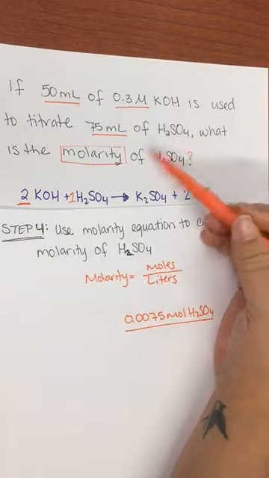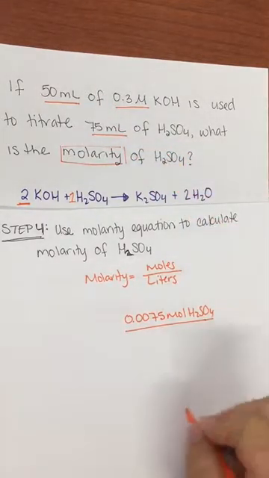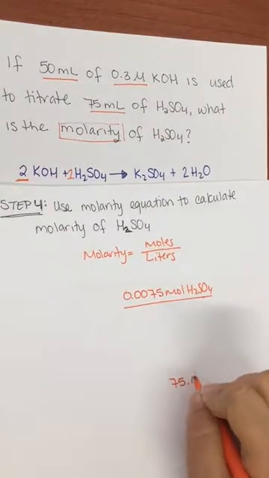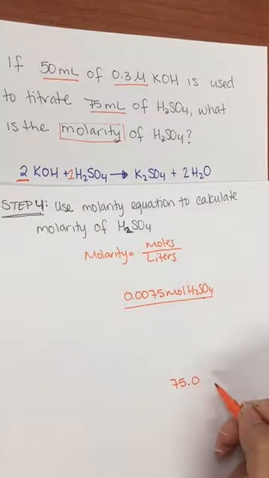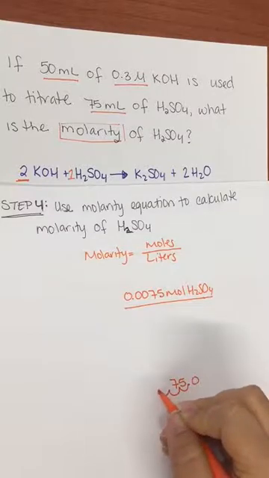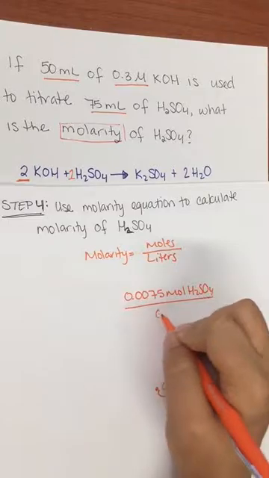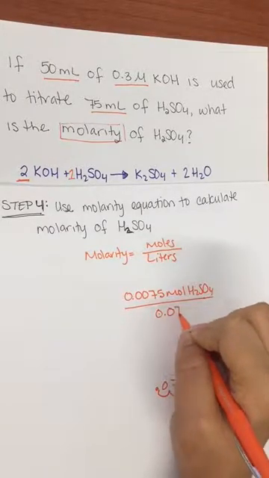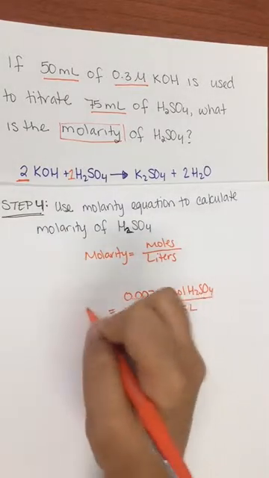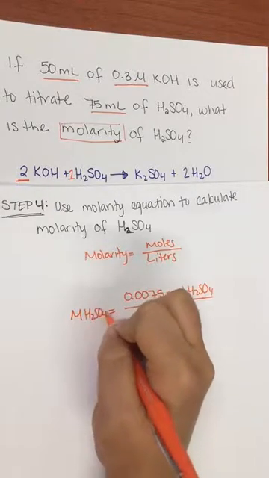And if I go back to my original problem, I know that I have 75 milliliters. If I want to change my milliliters to liters, my decimal place moves 3 places to the left. So I have 0.075 liter, and that's going to equal my molarity of H2SO4.